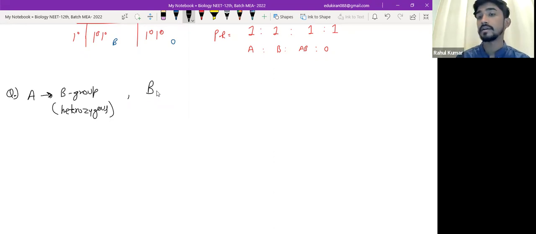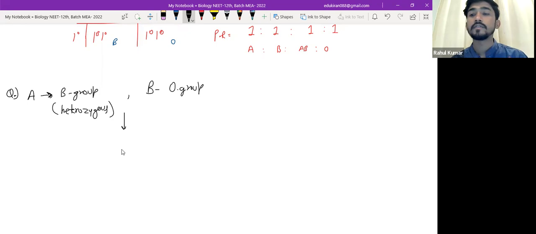Parent B has a blood group O. Find the phenotypic and genotypic ratio in first generation.